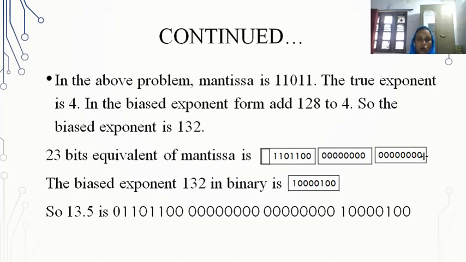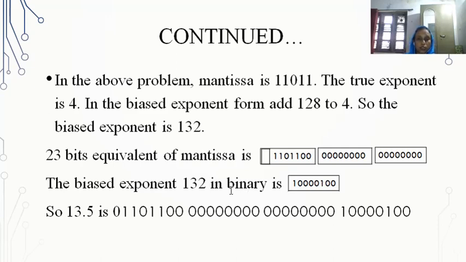Up to 3 consecutive bytes of memory are used to represent the mantissa part. So you get the mantissa part as 11011 followed by zeros up to the 23 bits. Now the last 8 bits are exclusively for 132. 132 in binary is represented like this: 10000100.